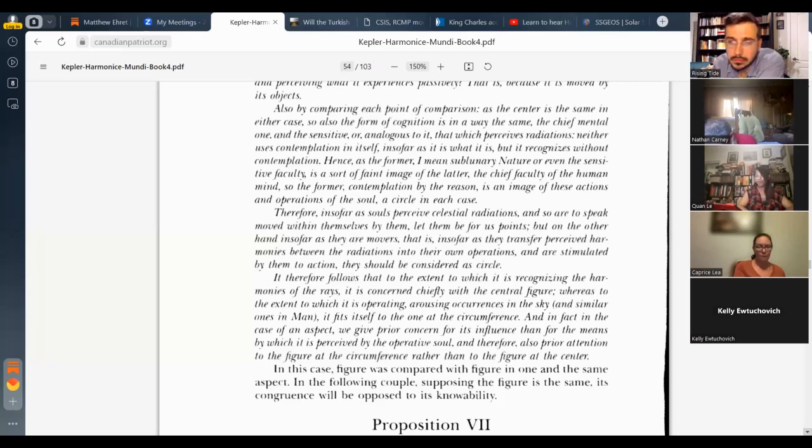And in fact, in the case of an aspect, we give prior concern to its influence rather than to the means by which it is perceived by the operative soul, and therefore also prior attention to the figure at the circumference rather than to the figure at the center. In this case, figure was compared with figure in one and the same aspect. In the following couple, supposing the figure is the same, its congruence will be opposed to its knowability.